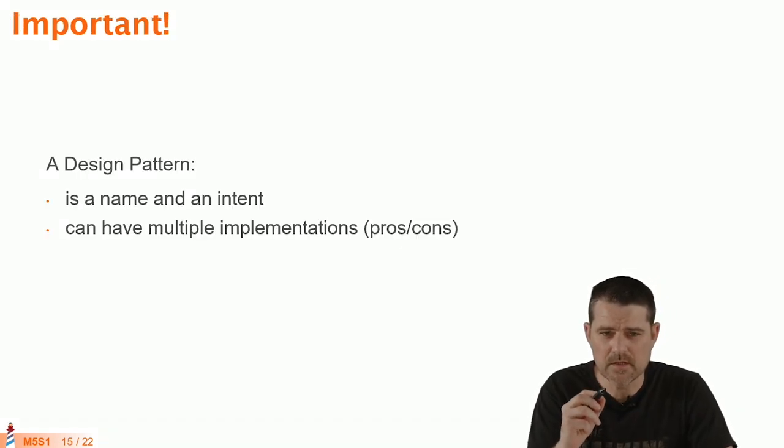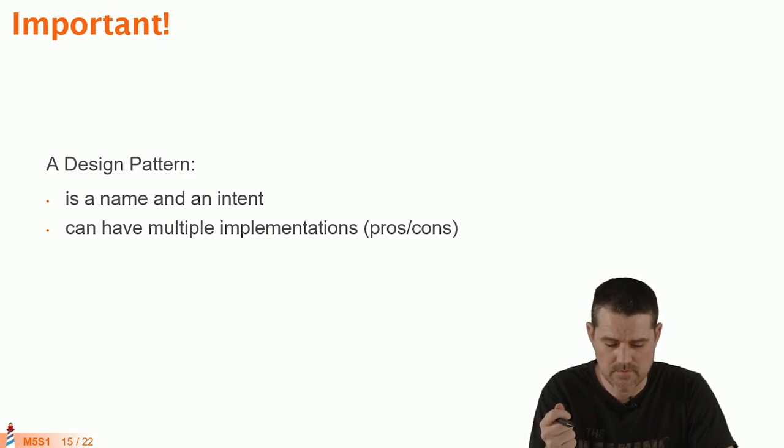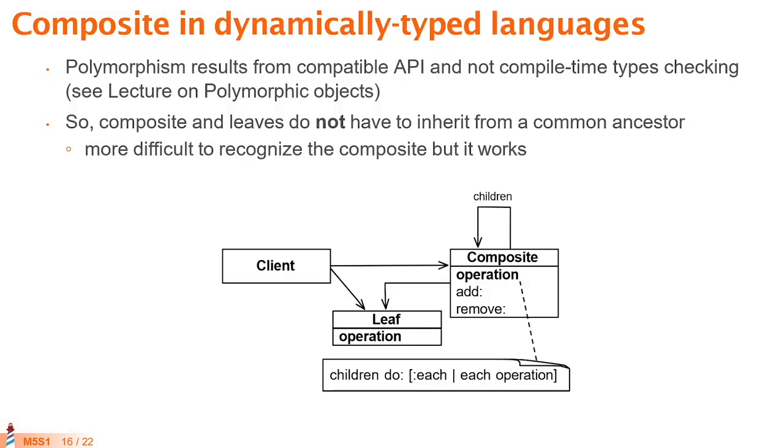What is important is to understand that a design pattern is a name and an intent, but it can have multiple implementations with some pros and cons. For example, we could have a different implementation in a dynamically typed language. It is not mandatory for the leaf class and the composite class to have a common superclass, because what we need, in fact, is a common API, and since they both implement the operation method, it means that from the client point of view, they are polymorphic objects.